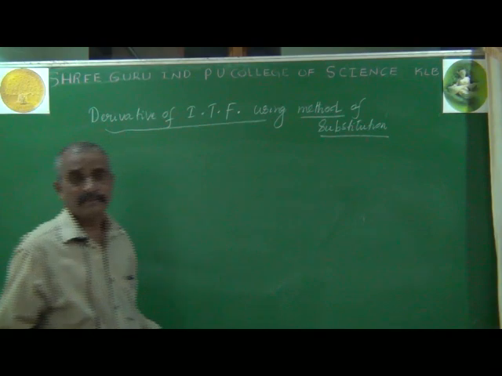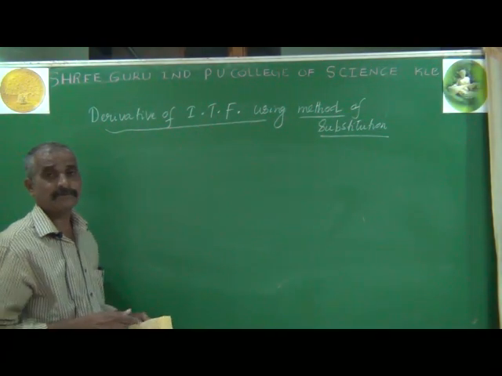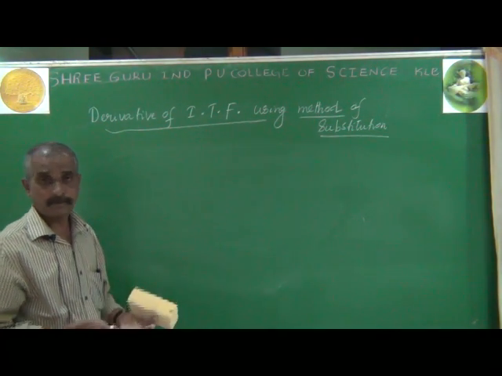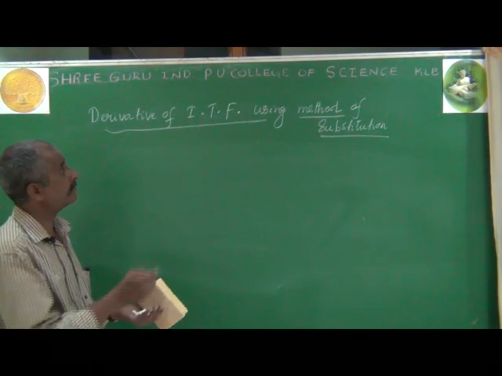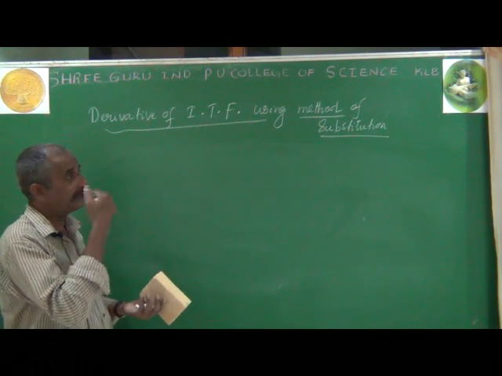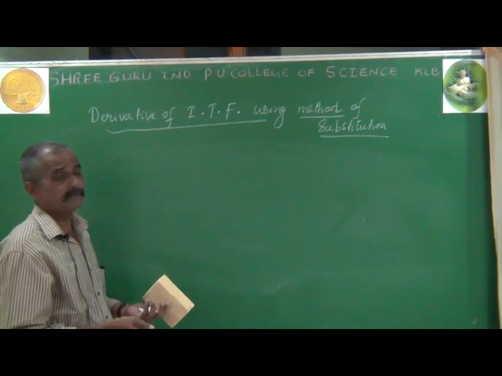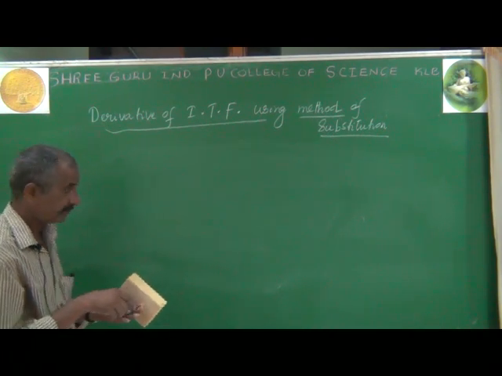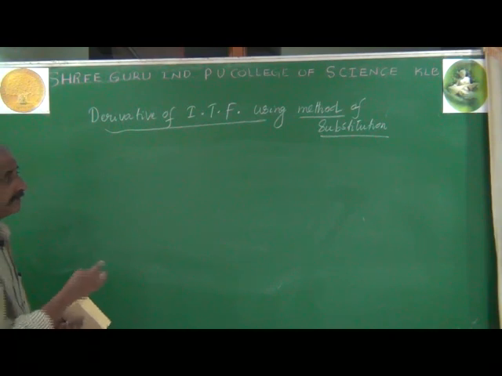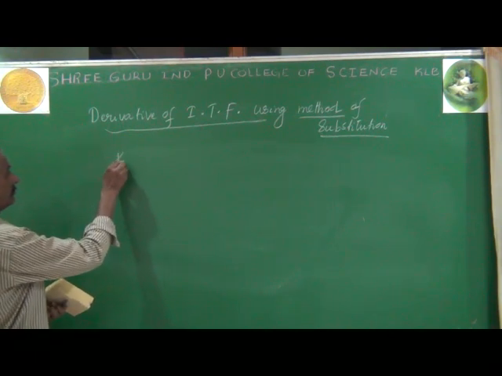So let's have the method of solving upcoming problems. Method of solving: how to differentiate inverse trigonometrical functions by substitution method. You write these as key points for the coming problems.